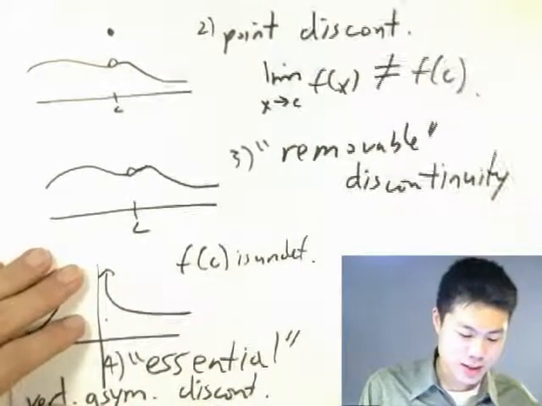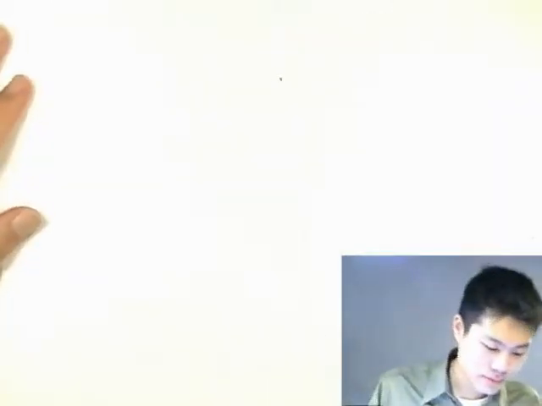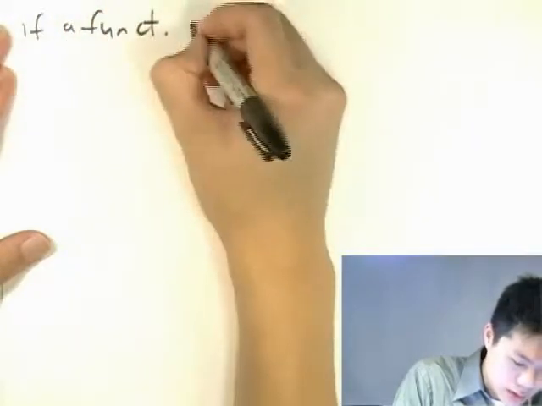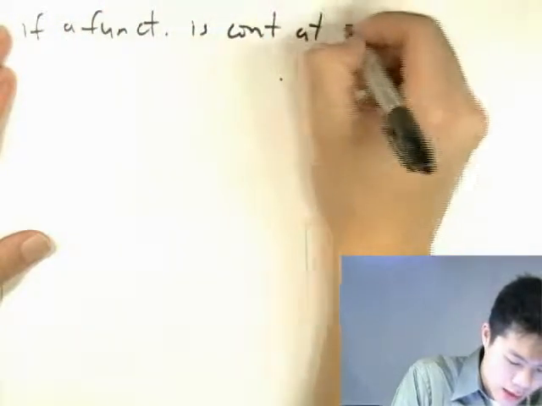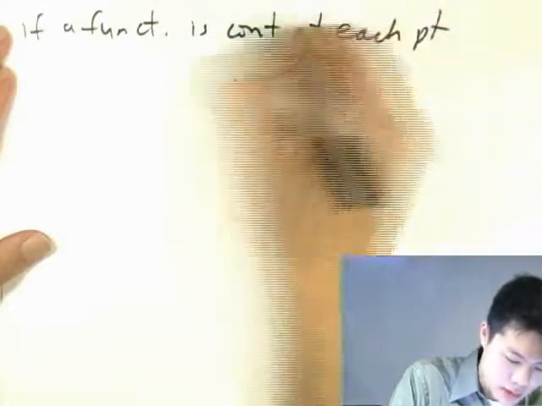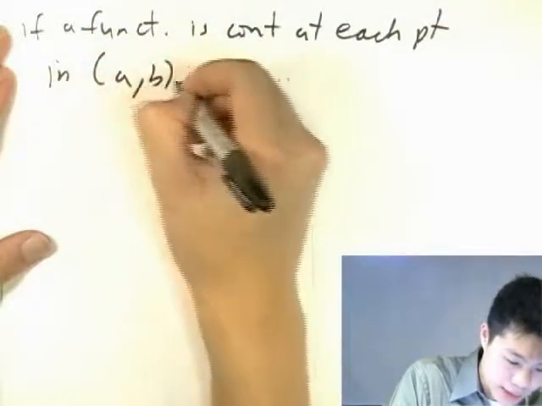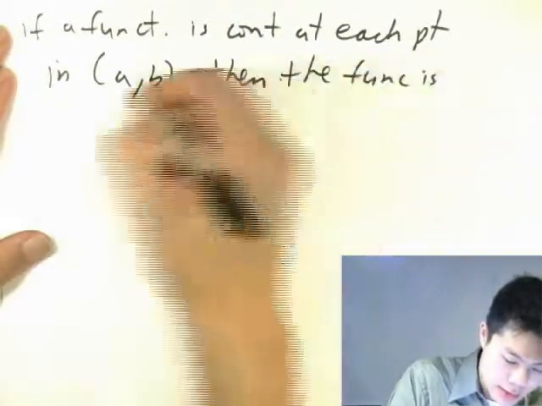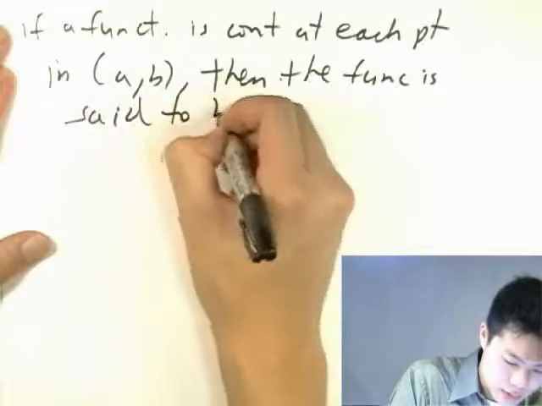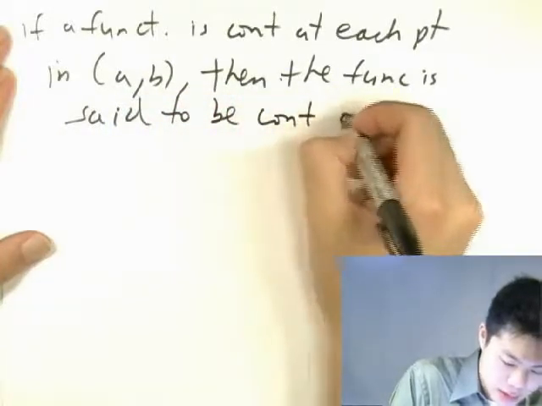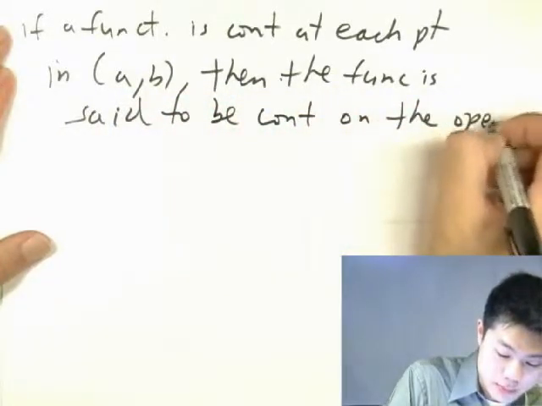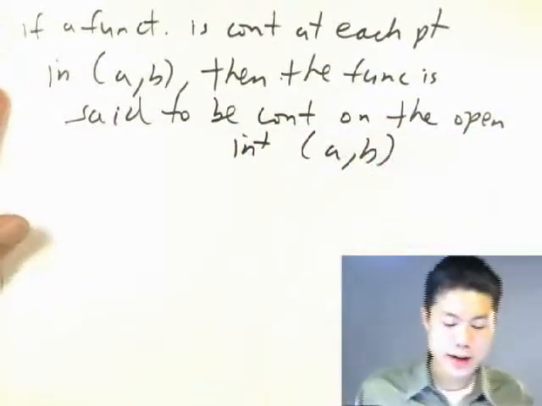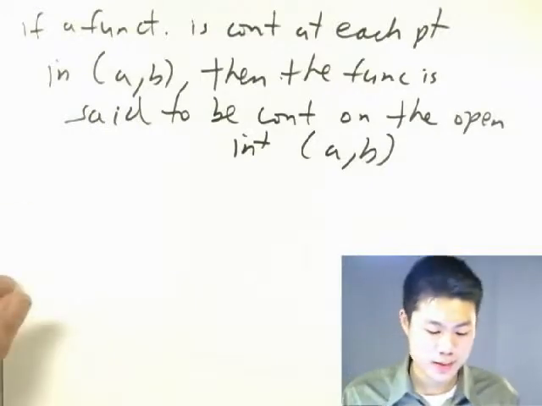Right, so just a simple definition here. If a function is continuous at each point in the open interval a, b, then the function is said to be continuous on the open interval. So this is just defining what we mean by continuous.